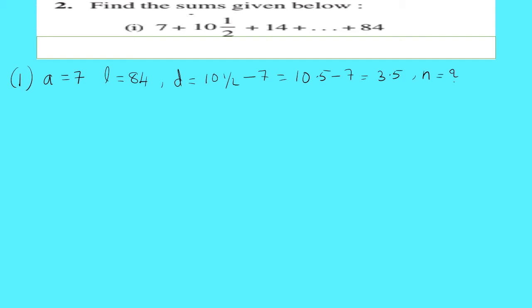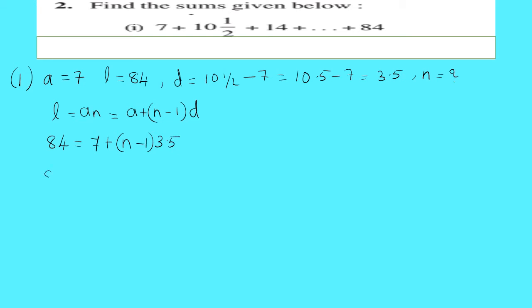For finding n, we already know that the last term l is equal to the nth term an, and the formula to find the nth term is a plus n minus 1 multiplied by d. That is, l is given 84 equals a is 7 plus n is not given, so you write n as it is, n minus 1 multiplied by d is 3.5.